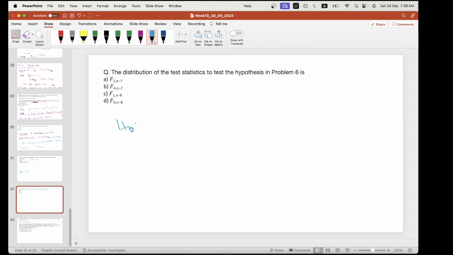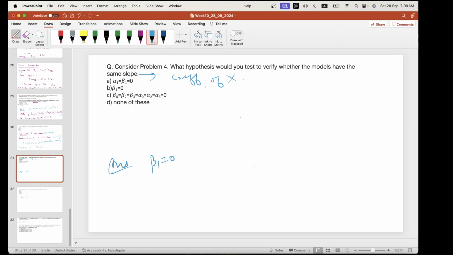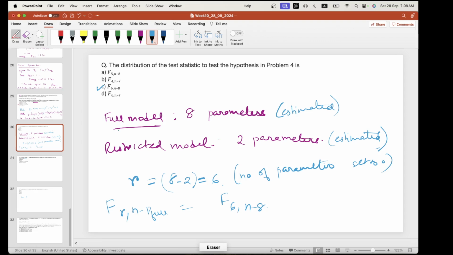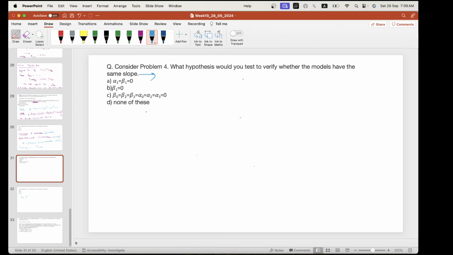Now if we are using H naught, beta, sorry, here for this one, for the last one we are considering a single line with the same slope.